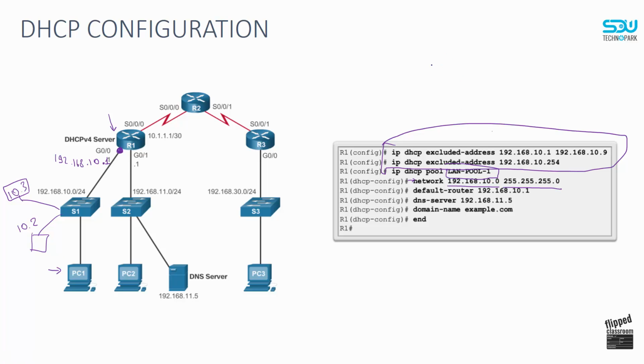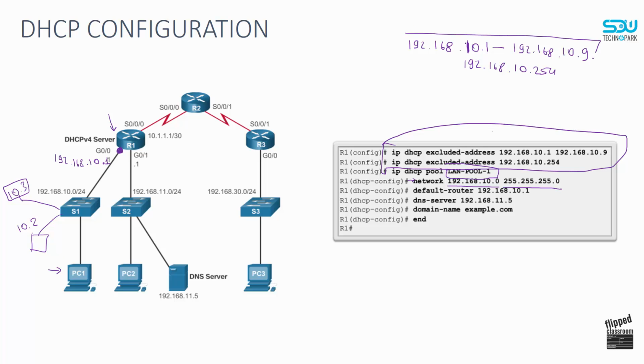We also have to pay attention that we are excluding these addresses: from 192.168.10.1 till 192.168.10.9, plus 192.168.10.254.